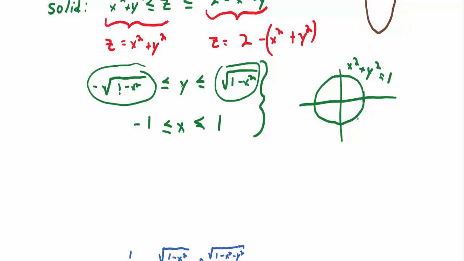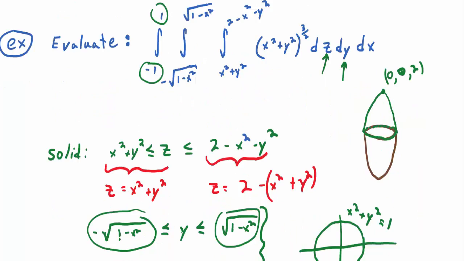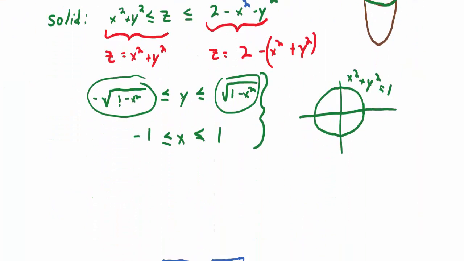Okay? So how do I know that? Well, think about it. If you have a dy dx order, that corresponds to the usual vertical rectangle setup in the xy plane. The bottom of the rectangle is given by this guy. Top of the rectangle by this guy.